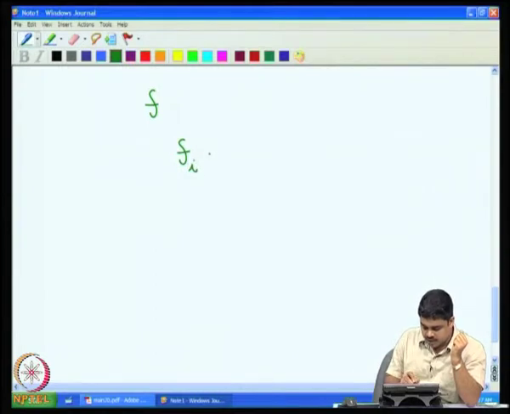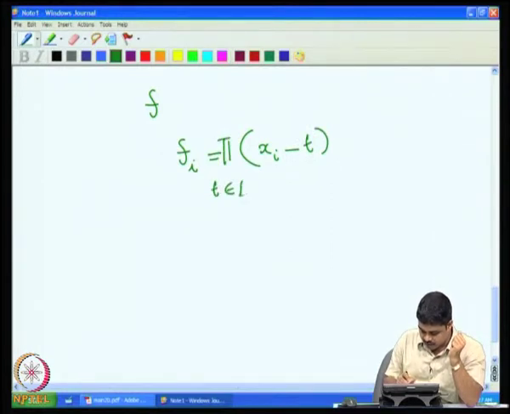What will fi be? From the list Li, we will take all the values. So, we will define fi as the product over t from Li of xi minus t. So, we will create these terms xi minus t. There are essentially cardinality of Li, which is di plus 1, of them.